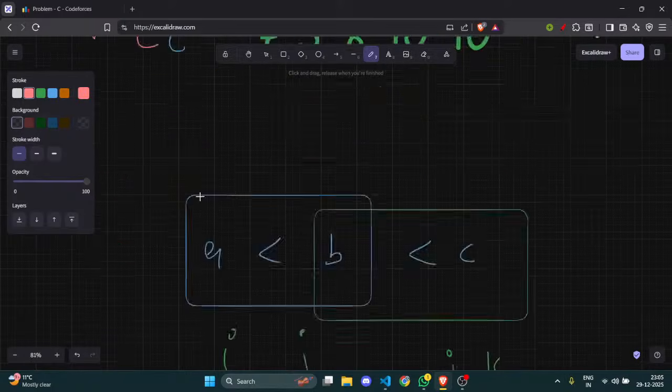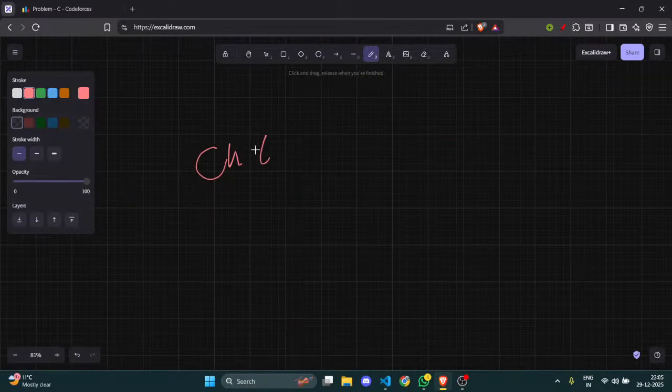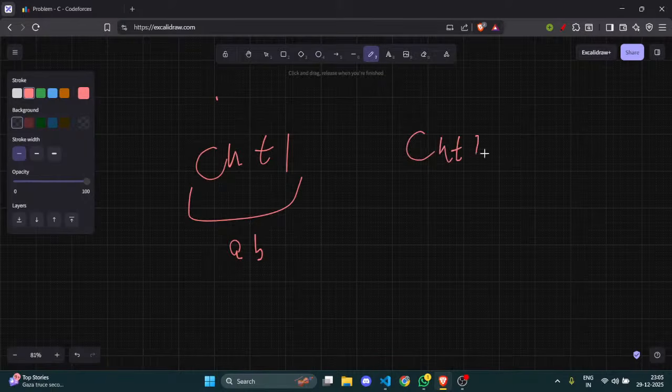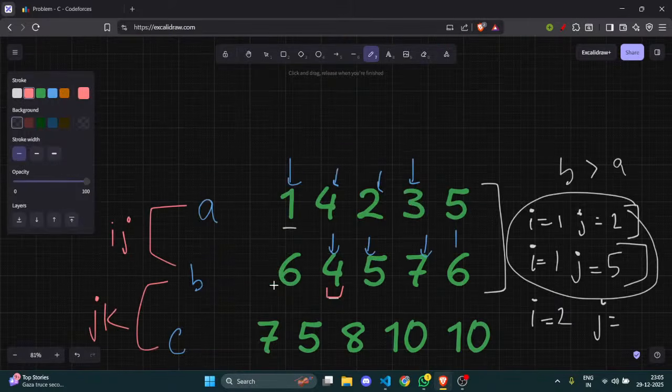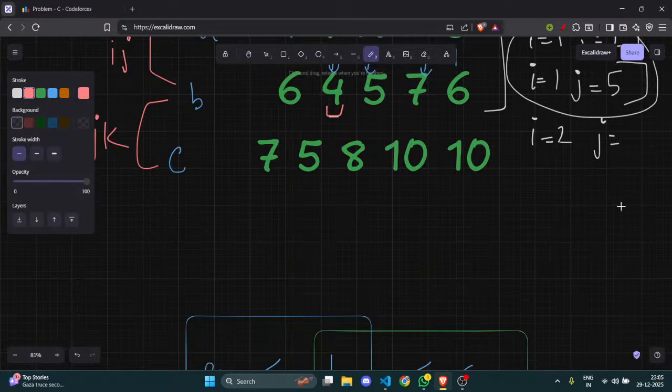Okay, so I have got my count 1, which is the number of ij pairings, or let's say ab pairings, and count 2 as bc pairings, a pairing of B and C. So I can surely say I have to multiply, but I also have to multiply n with them, because as I said earlier, if I say ij is equal to 1 2, it is not exactly one pairing. These are total n pairings. Why?